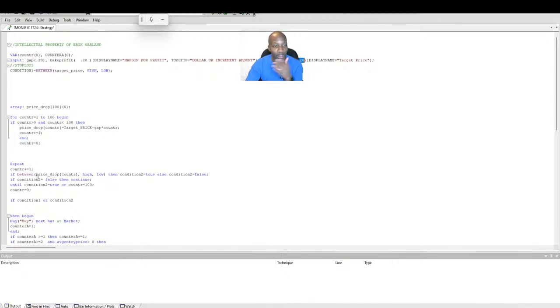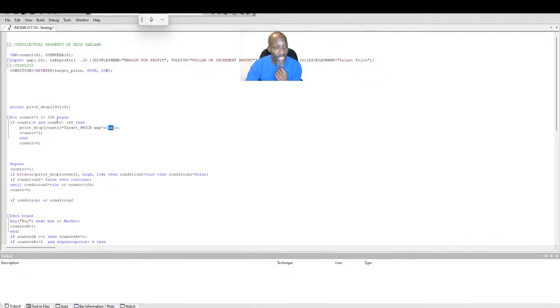I should make myself more comments. So I use a counter, and from 1 to 100, I put values in an array, and then we took the target price, which was 71.20, and then we subtracted the gap times the counter.